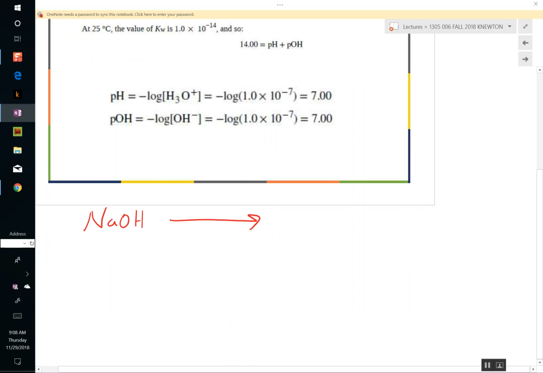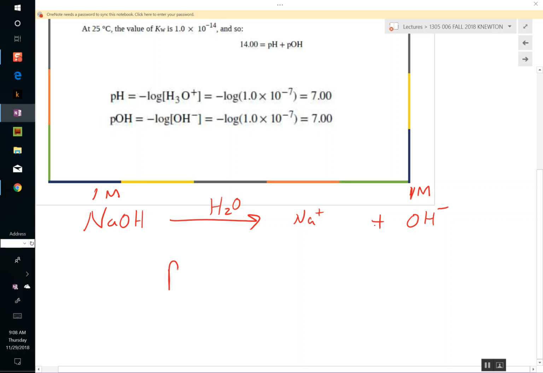And you're putting it in water, and you're getting sodium ion. This is a strong base. So if I had 1 mole of sodium hydroxide and put it in a liter of solution, I'm going to get 1 molar hydroxide ion.